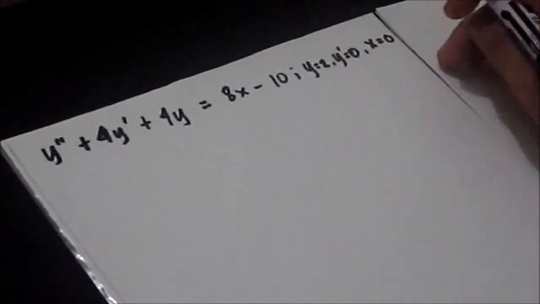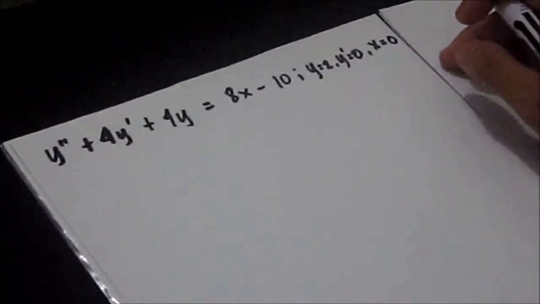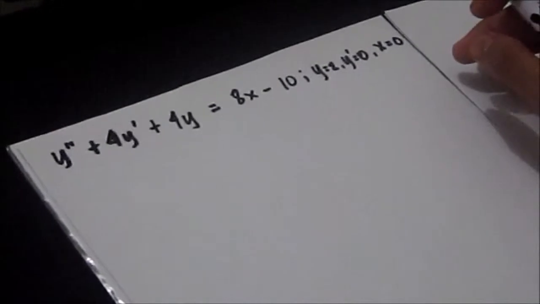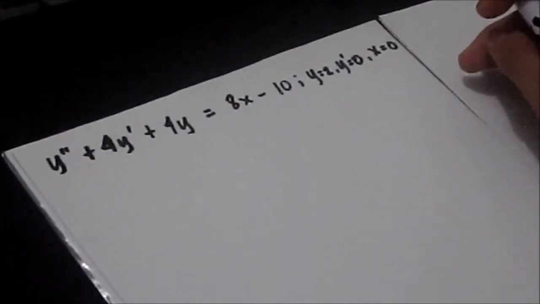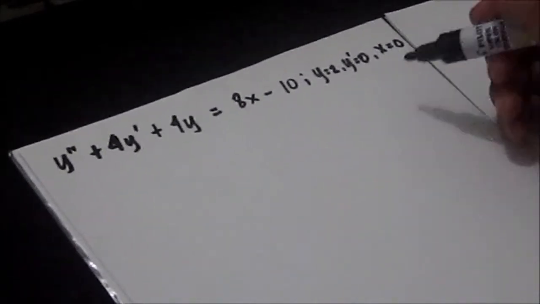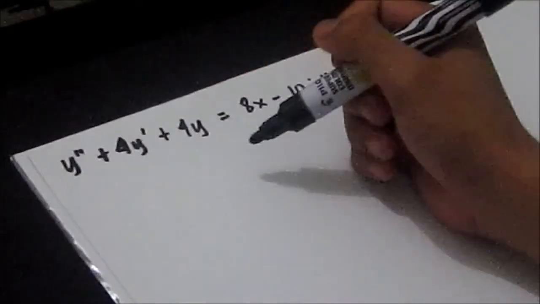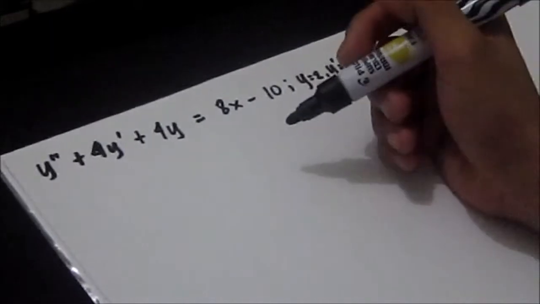The first step in solving a non-homogeneous differential equation with constant coefficients is to find the complementary function of the homogeneous part of this equation, which is the left side of the equation.